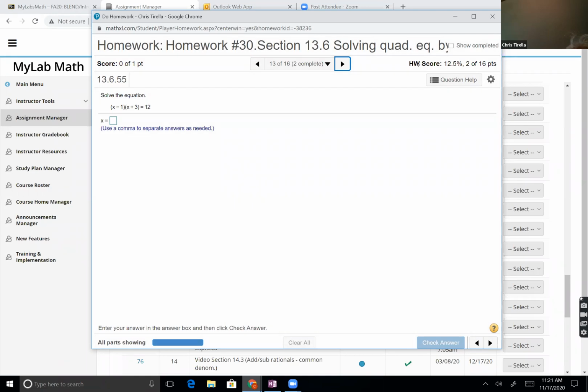Next one, this one's very much different. It's a little different than the ones we looked at in class. We've got x minus 1 times x plus 3 equals 12. This is not 0. So we cannot just go ahead and set each factor equal to that number.